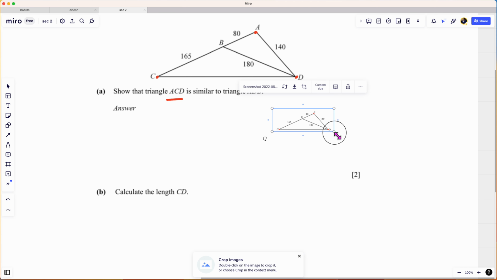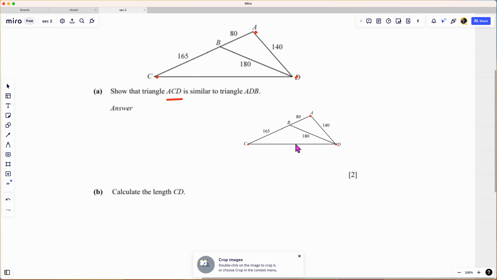So this is ACD. Of course, you need to get rid of this. Does it make sense? So ACD.